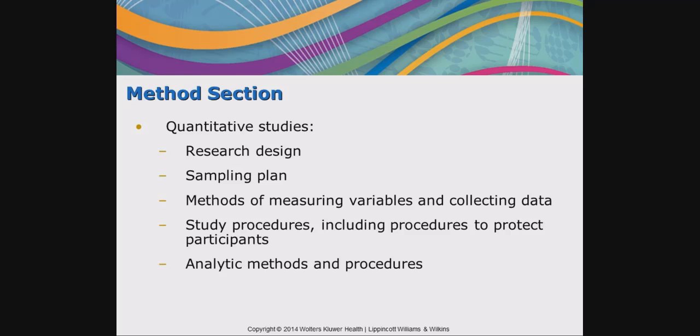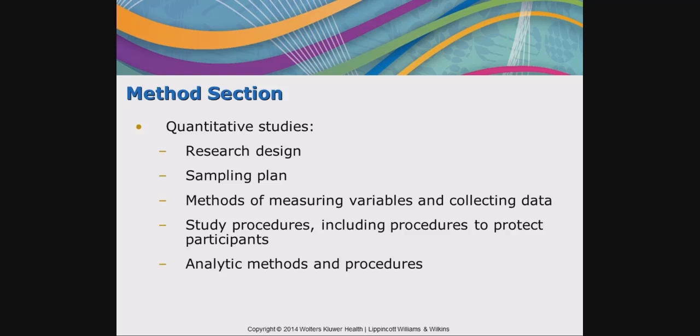We're going to talk more about research design later. But the sampling plan and the characteristics of the study participants, gosh, is the target population defined? How were they selected? Did the authors talk about what inclusion or exclusion criteria they used?